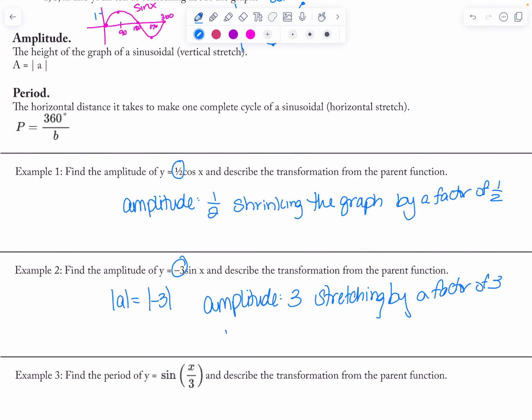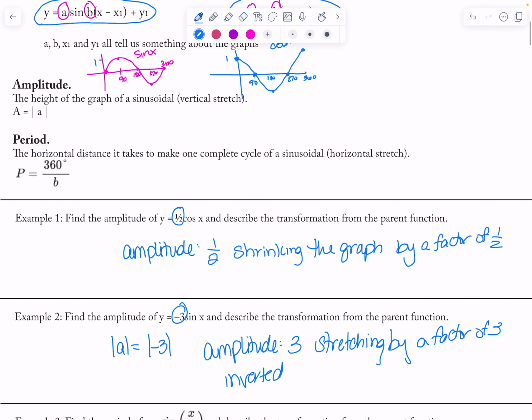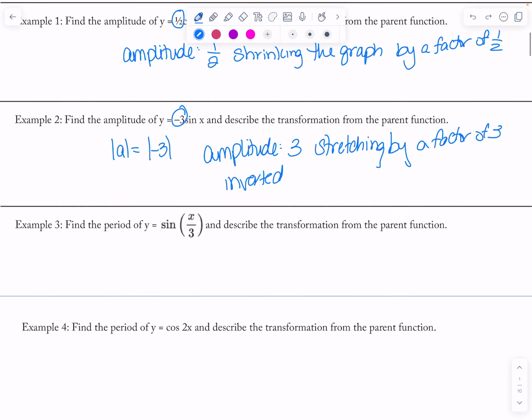And because it's negative, we call that inverted. So anytime the little a value is negative, it will be an inverted function. What that means is that for this sine, instead of starting up here at 1, we would have started at -1 if it's inverted. So it just flipped upside down, kind of.